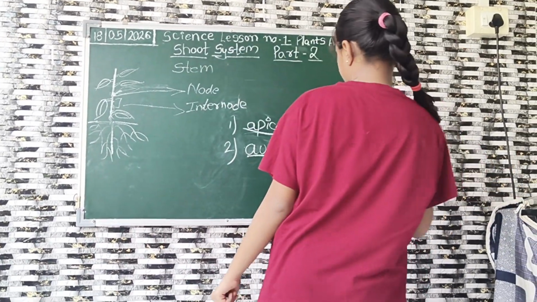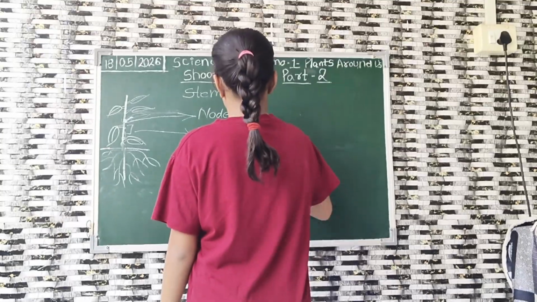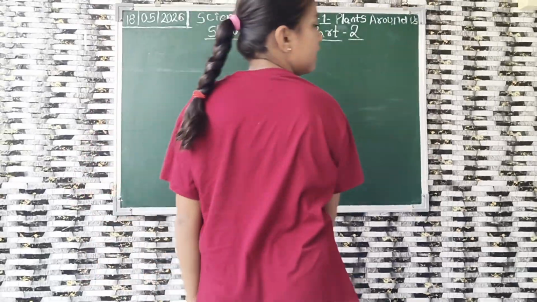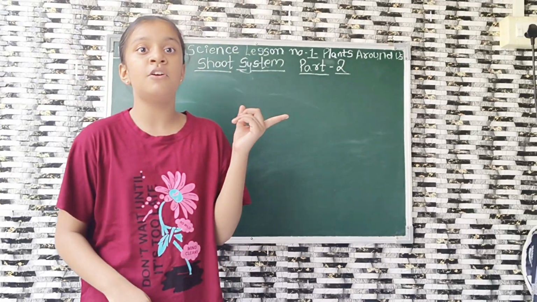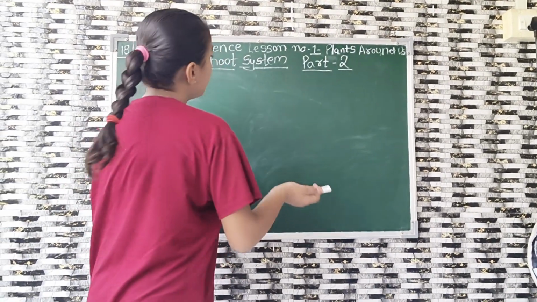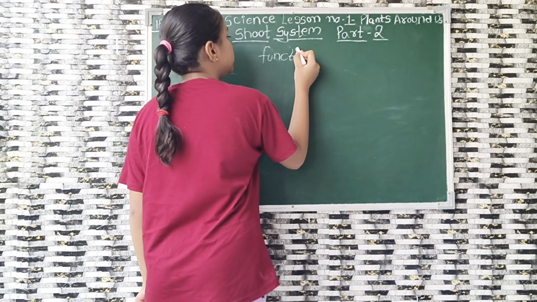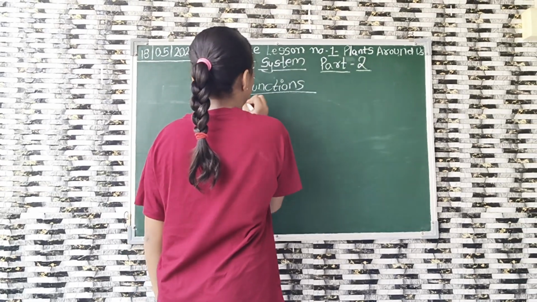Understood? Now let's move towards the functions of the stem. As we have learned the functions of the root system, in the same way we will learn the functions of the stem.